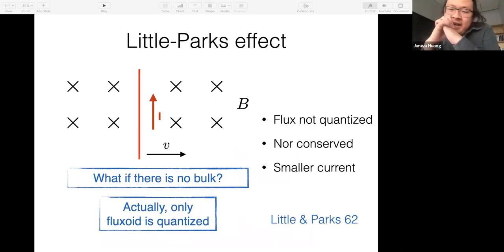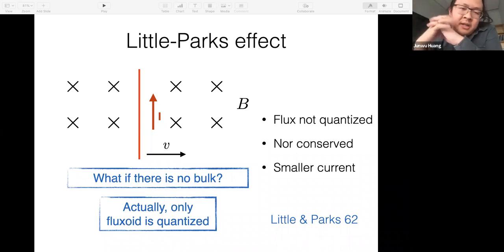Back in the 60s, people tried to understand the system a little bit more. In particular, there's a very nice experiment by Little and Parks, where they took a superconductor and made it very, very thin, so thin that the thickness is comparable to the penetration depth of the photon.